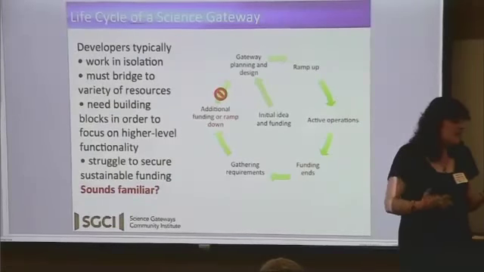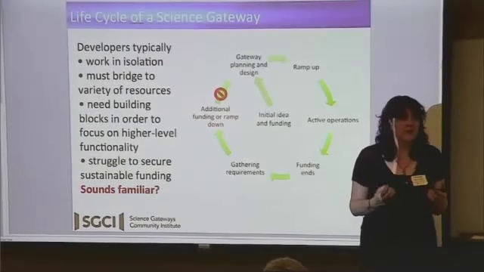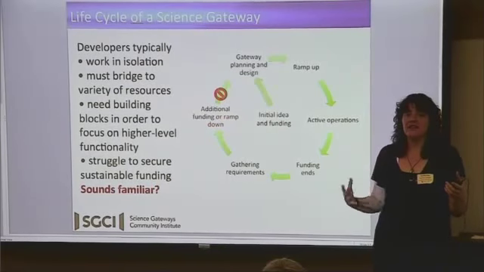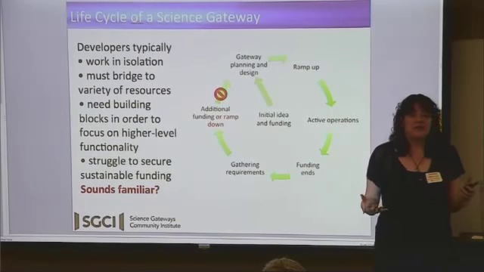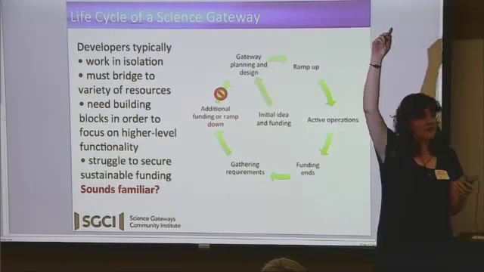So you really struggle maybe to secure sustainable funding. Familiar: we had a nice user interface for an application which was nicely funded for 3-4 years, then the funding went away, and you had to ramp it down because you couldn't maintain it anymore.